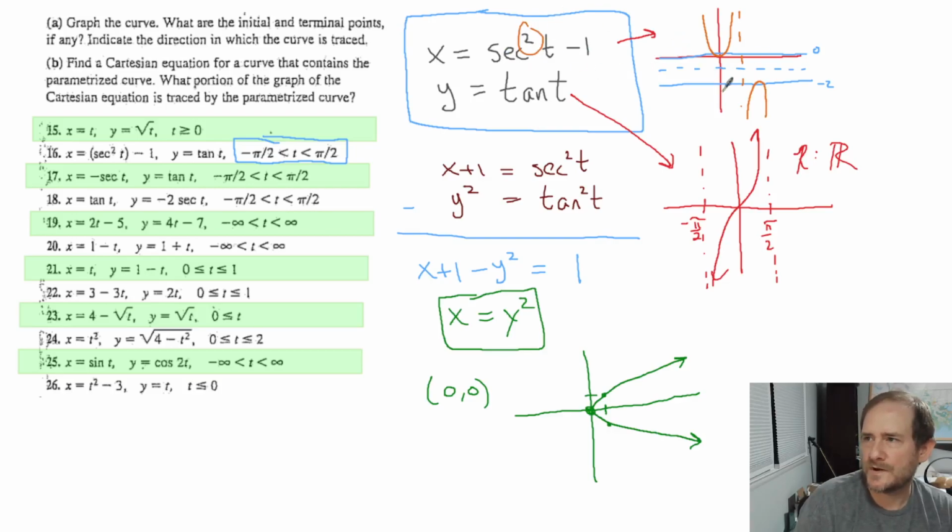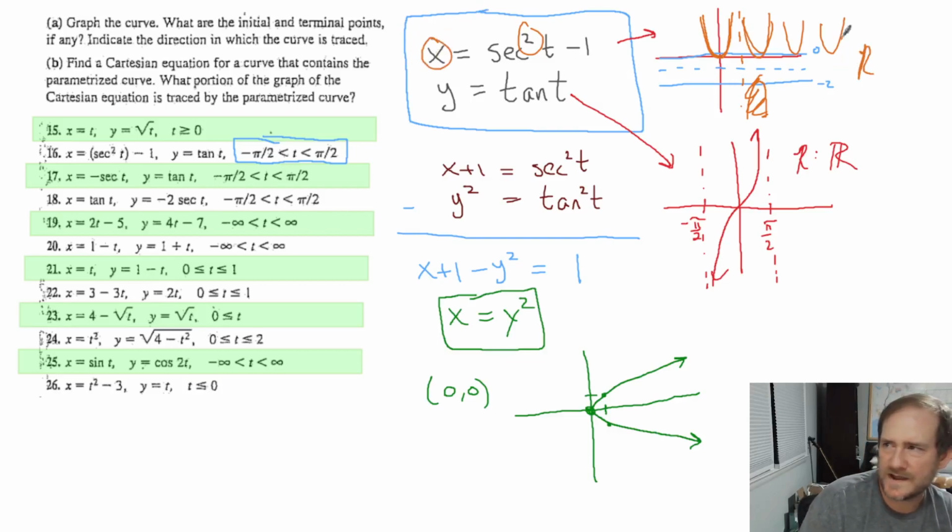That means you get an uppy branch and then another uppy branch, because all these negative outputs get squared and they're positive. So you get an uppy branch, uppy branch, uppy branch. All that's telling us is that this guy's range, which is tricky, but the range is the x values, right? So all the x's come from this thing's range, and this thing's range is 0 to infinity. And guess what? For our parabola, that's 0 to infinity.